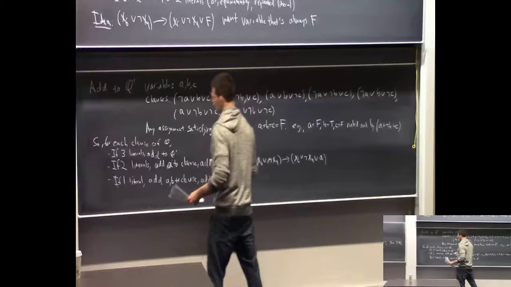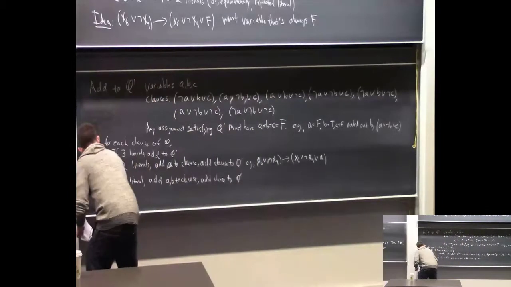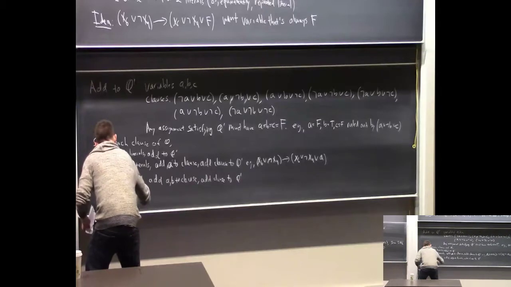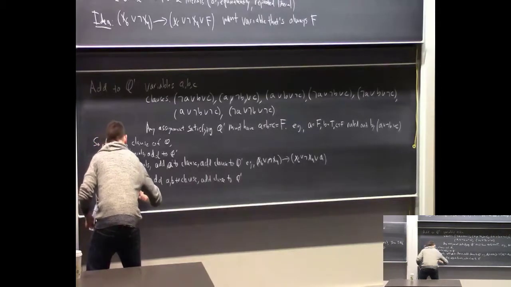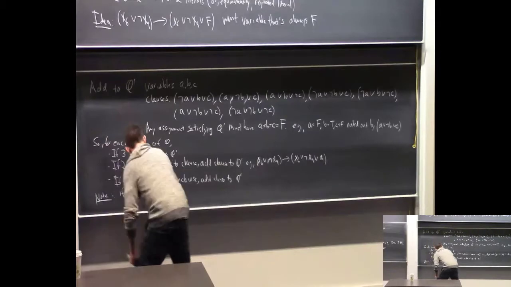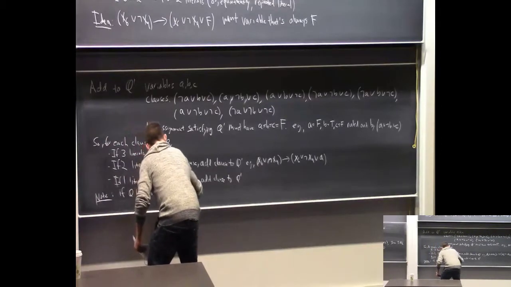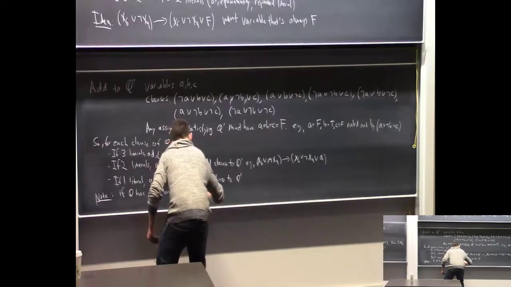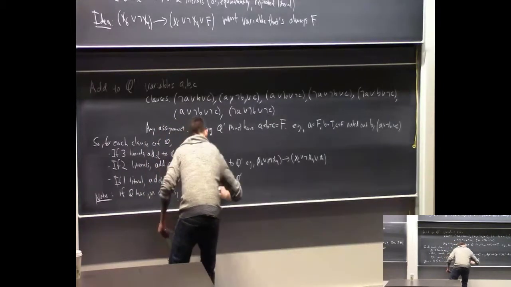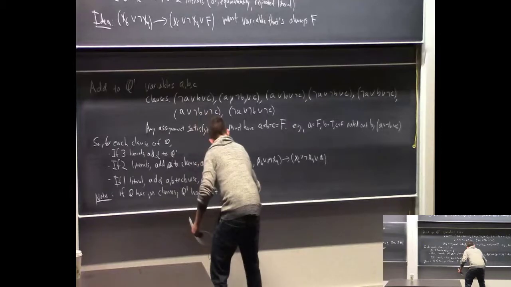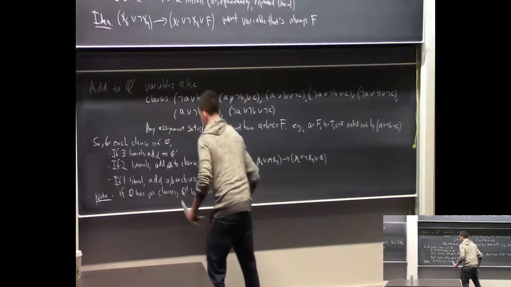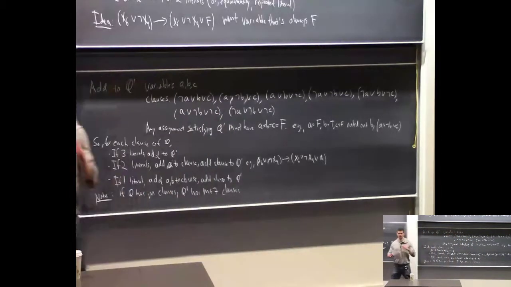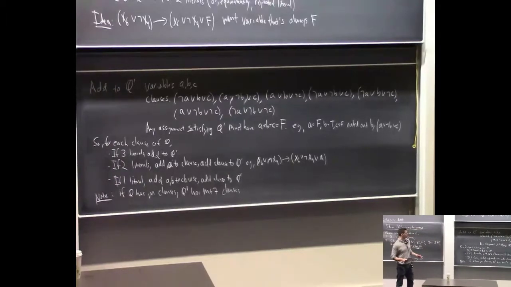And so maybe we should note that if phi has m clauses, phi prime has m plus 7 clauses. So everything is polynomial size. Everything can be done in polynomial time. It's all very nice. All right, cool.